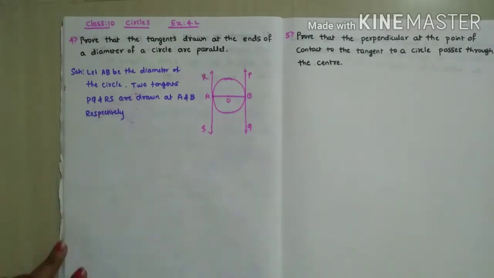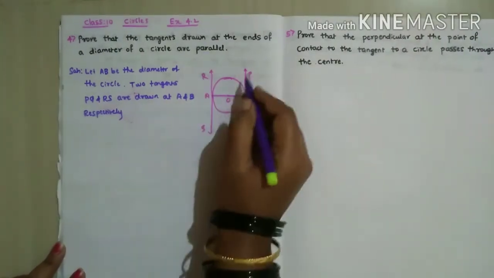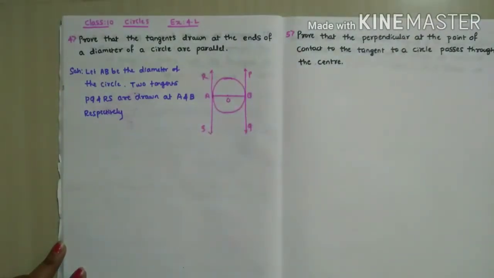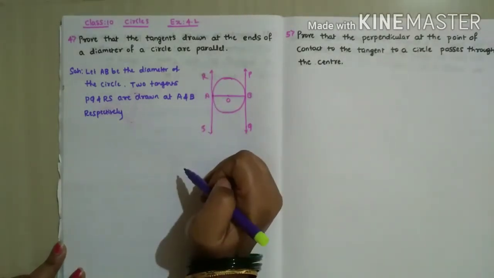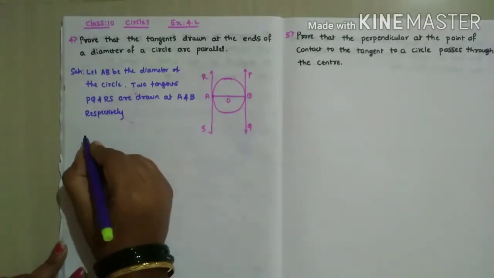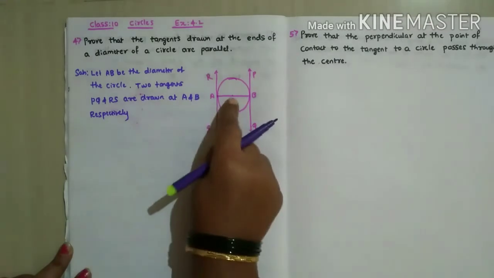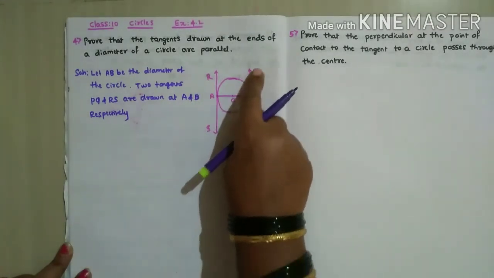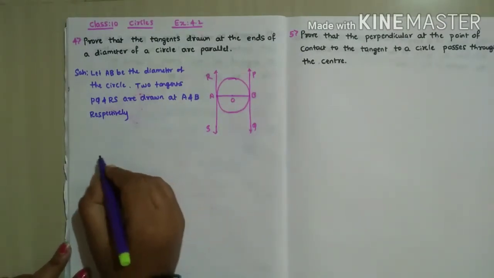Now we know one thing here. Here OA and OB are the radii, and PQ and RS are the tangents of the circle. Therefore, always the radius is perpendicular to the tangent of the circle. So I can write OA is perpendicular to RS and OB is perpendicular to PQ, because we know that always the radius will be perpendicular to the tangent of the circle.